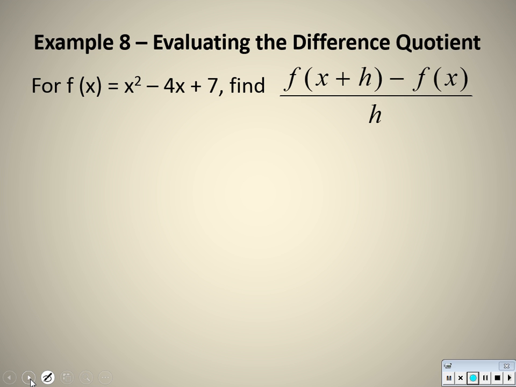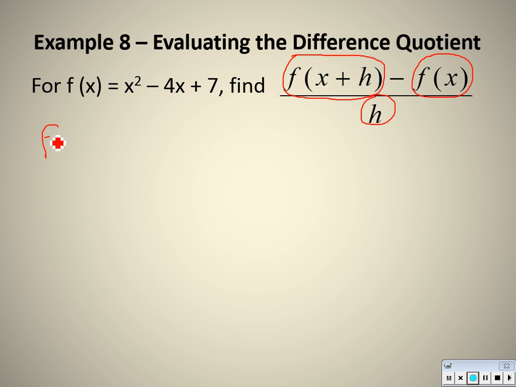So you have this, f of x equals x squared minus 4x plus 7. What I want to do is break this into parts. So rather than trying to do the whole fraction at one time, I'm really just going to break it into some simpler parts here. So let me deal with just this part first, the f of x plus h.